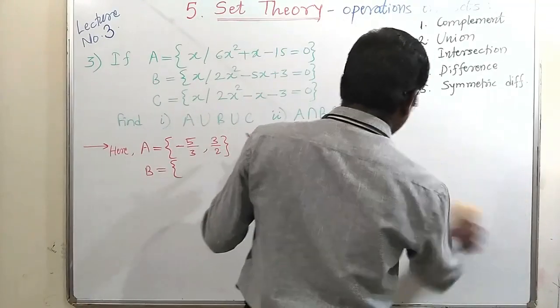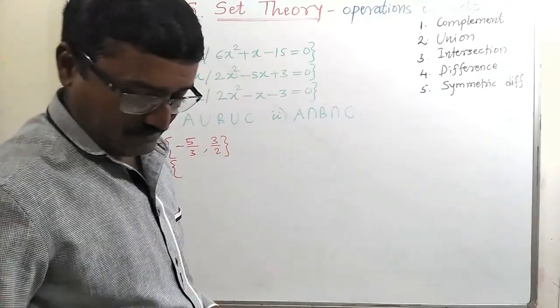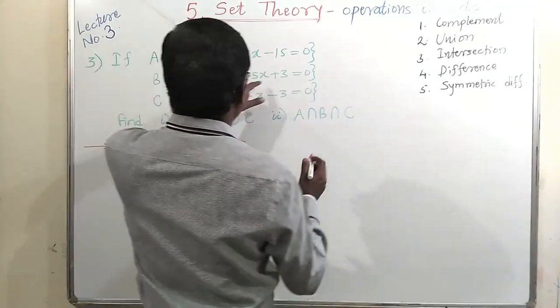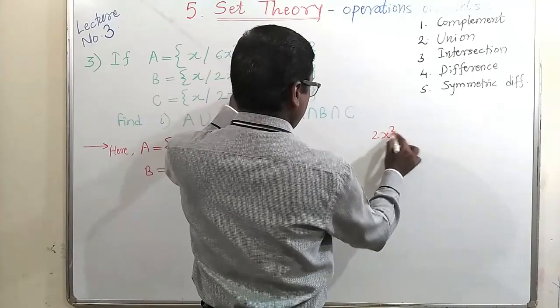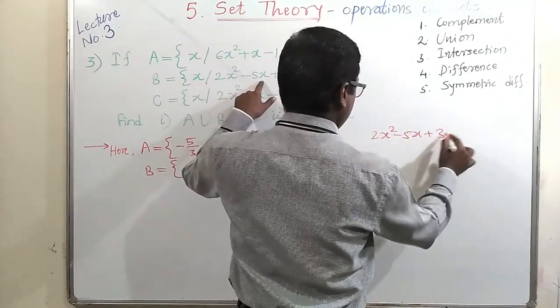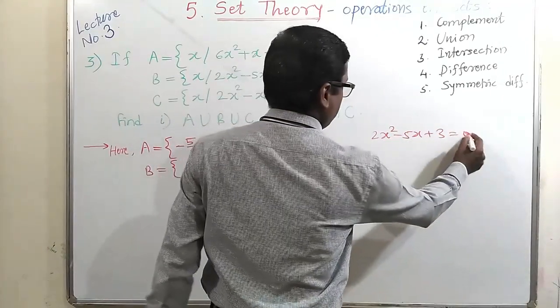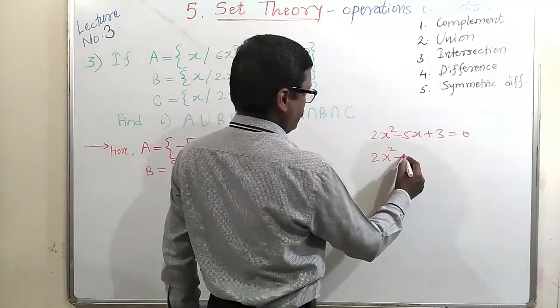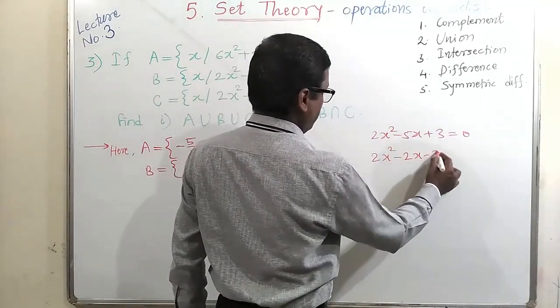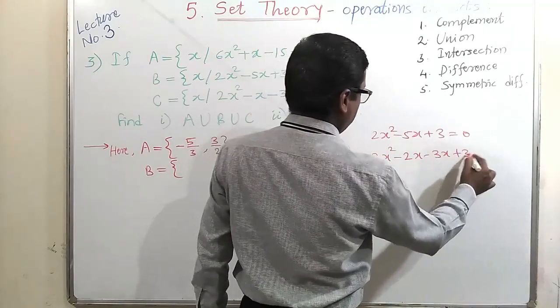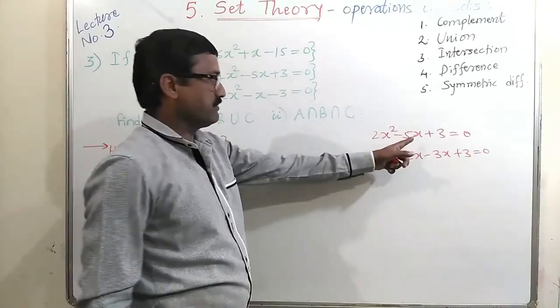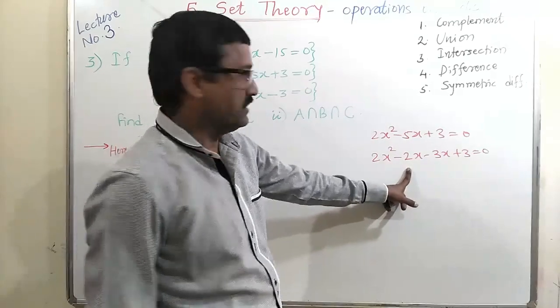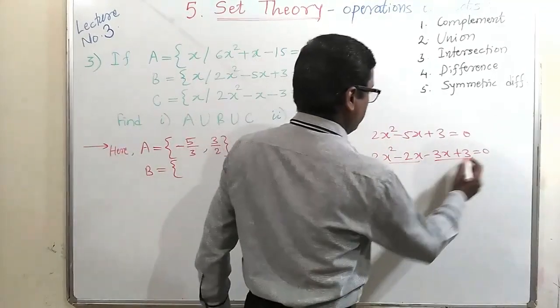Now the second equation is 2x square minus 5x plus 3. 2x square minus 5x plus 3 equal to 0. Let us see the factors of this equation. For that, I will write this as 2x square minus 2x minus 3x plus 3. We can separate this minus 5 as minus 2 minus 3. Then take common.